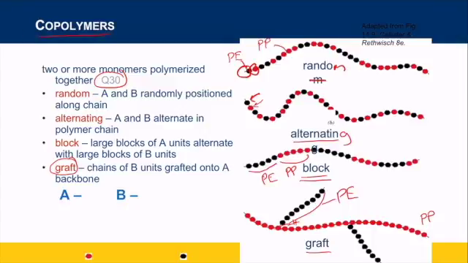That extra branching would be, say in this case, a block or a graft of polyethylene on the polypropylene original branch. Okay, and we can continue to do that at any point. So that's the 4 types: random, alternating, block, and then grafting. So grafting, you're adding side groups to a chain, whereas the other 2 you are altering the chain itself.